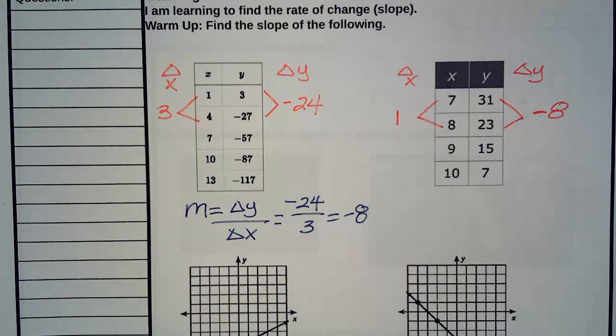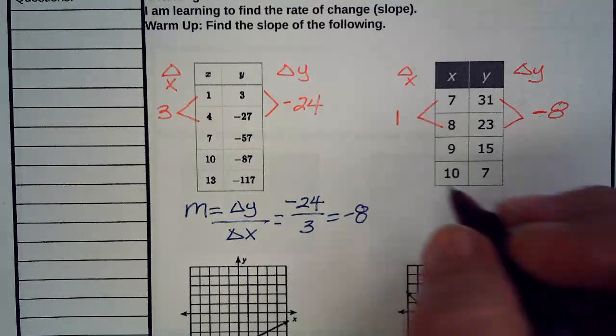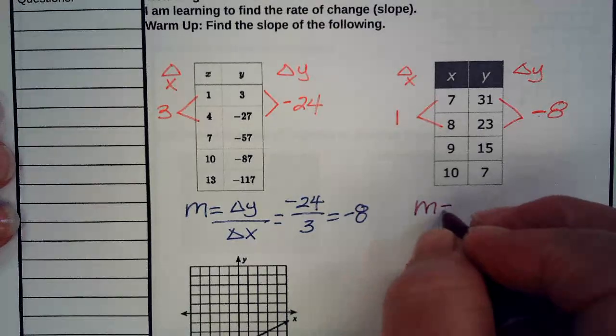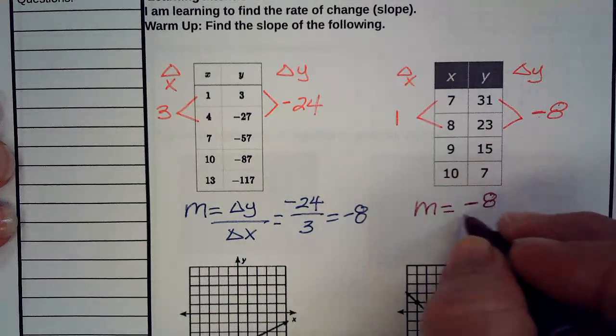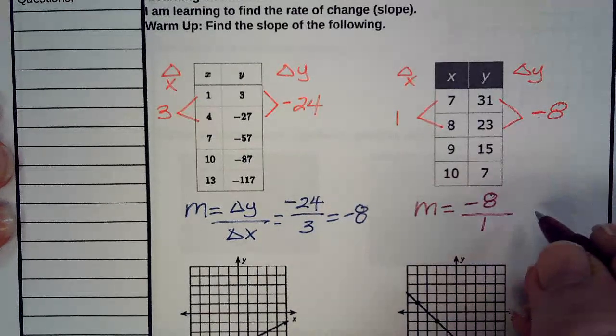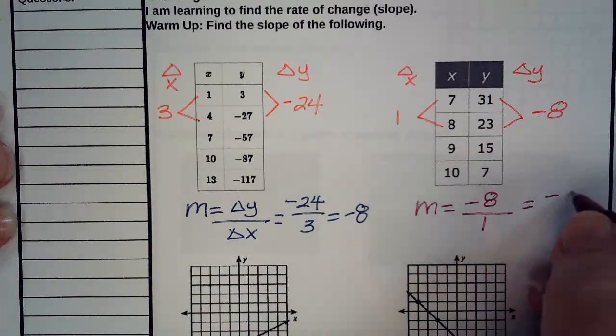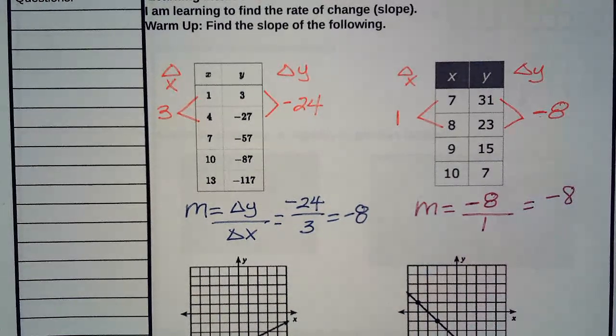So what does it look like now? My slope is delta y, negative 8, over 1, delta x, and that gives me negative 8 a second time. So both of those tables give you the same slope.